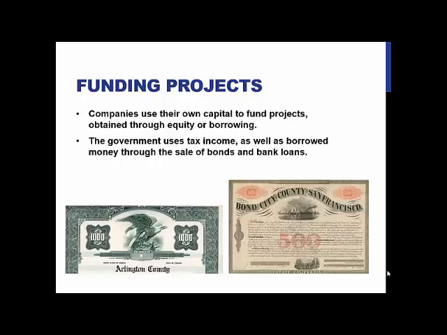So income tax and a variety of other taxes can be used to fund different projects, and the government is generally very transparent about what tax dollars can be spent on, so you can look that up if you're interested. And then the government will also issue bonds and go through banks to borrow money.